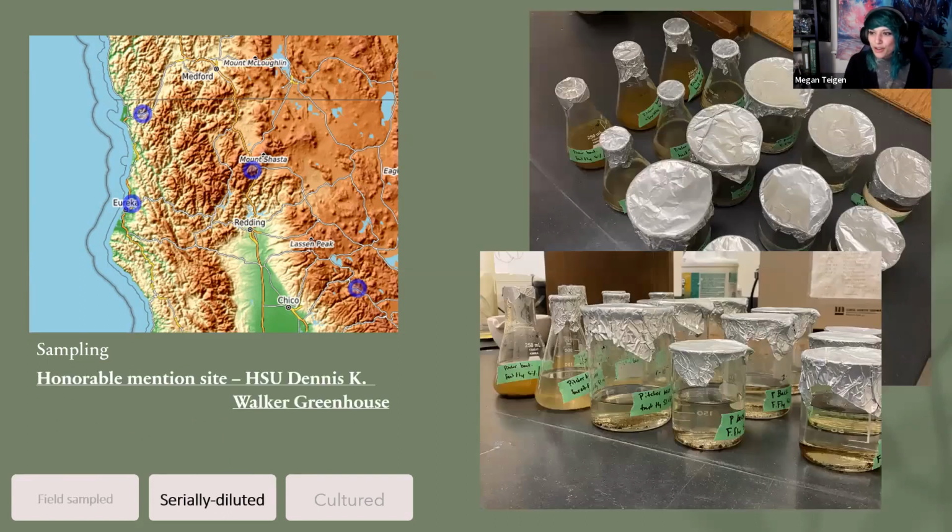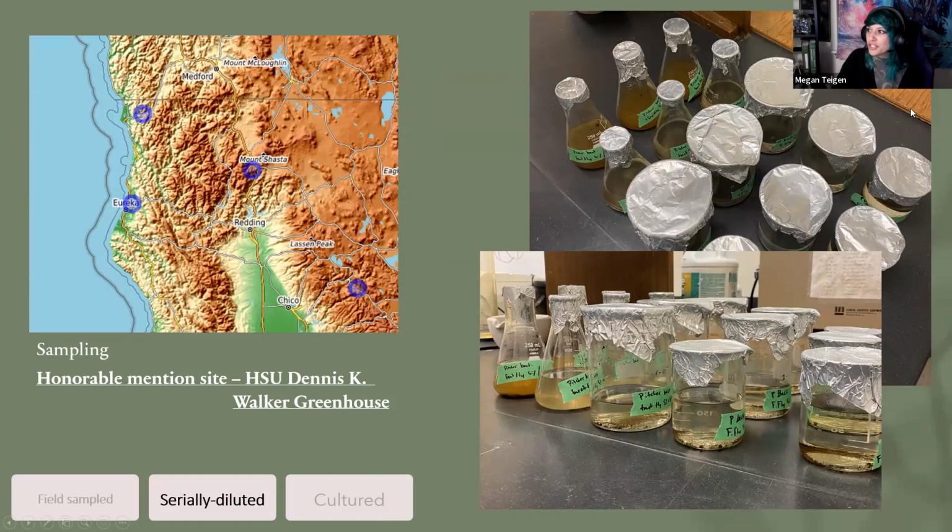I just wanted to add my honorable mention site, the HSU Dennis K. Walker Greenhouse, where I collected samples for my serial dilution. So I collected those bacteria and I'm growing them in the lab. And I'm hoping to be able to plot this on that same graph I showed earlier in the presentation, that biodiversity ecological function graph, with these dirty brown looking fluids being the most diverse and these ones being the least diverse.